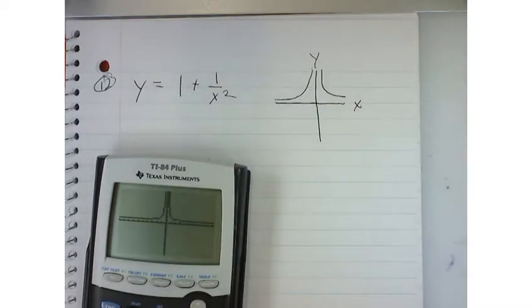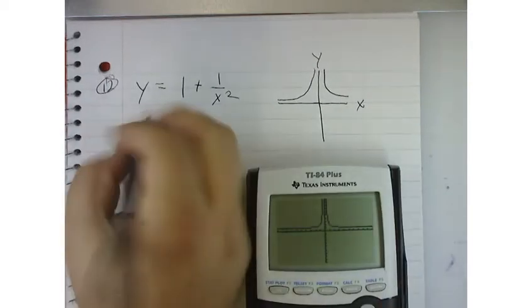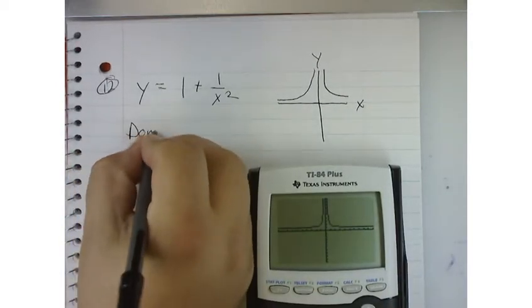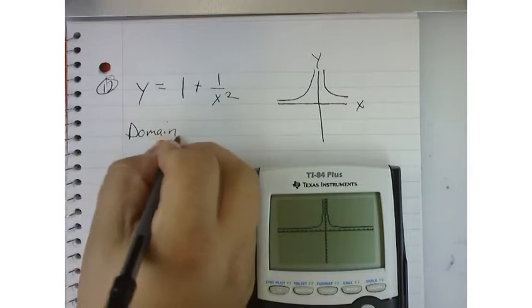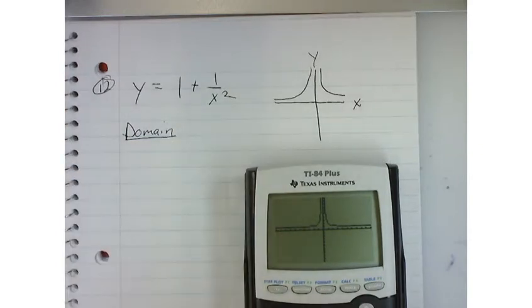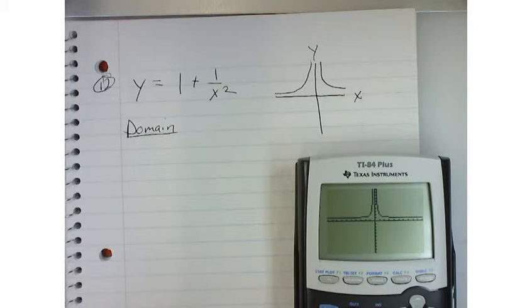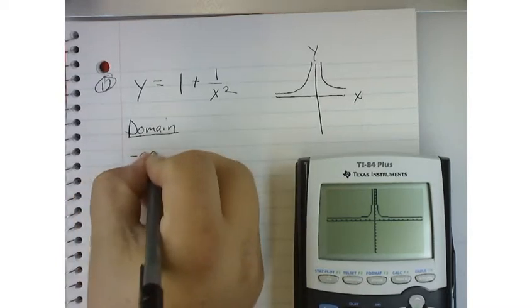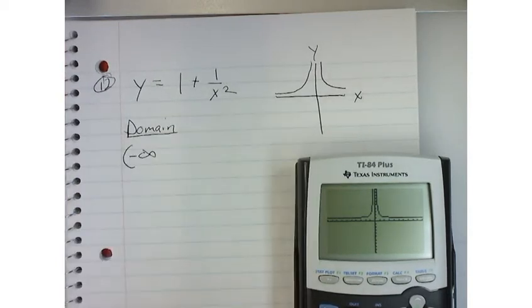Now, what is the domain? Well, the domain are all the possible x values that I can have, right? So what is the lowest possible x value I could approach? Well, it doesn't look like it stops, so it looks like I could go to negative infinity, and we put a parenthesis there because we can't ever really reach negative infinity.